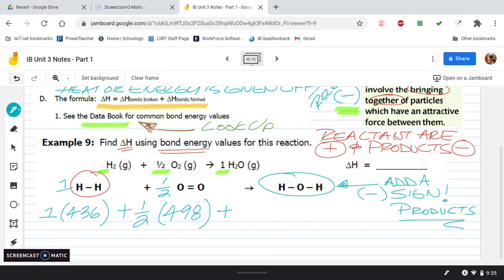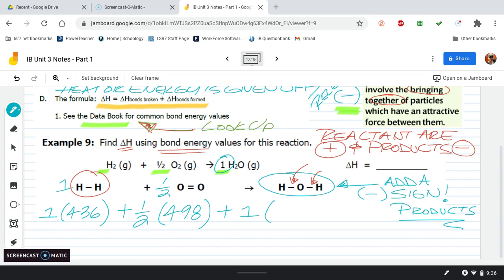And this is going to be tricky because look here. There are not one, but 2 bonds here. So there's an O single bond H, but there's 2 of them. So what I'm going to do is I'm going to take this times 1 because of the 1 here.